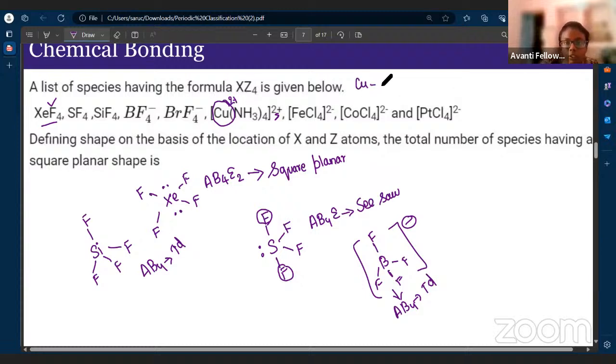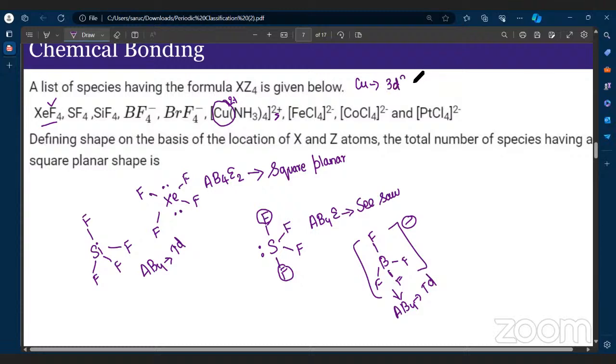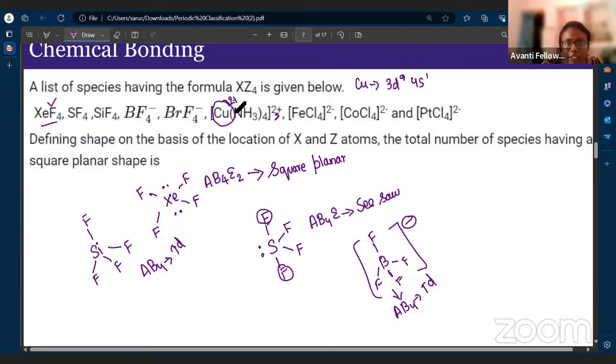And we know the configuration of copper is 3d9 4s1. So what will be the geometry? You have to remove 2 electrons.